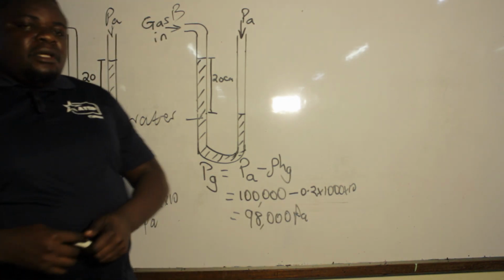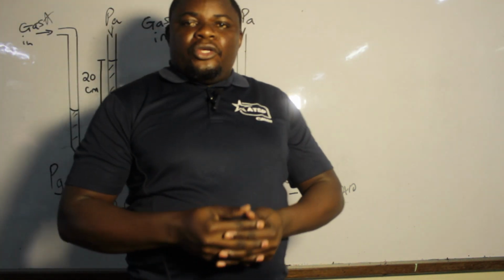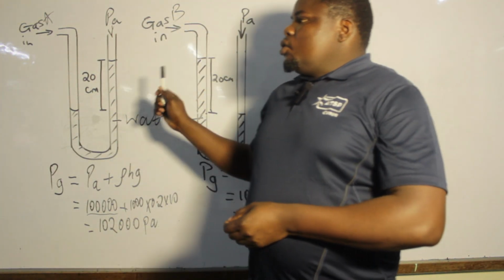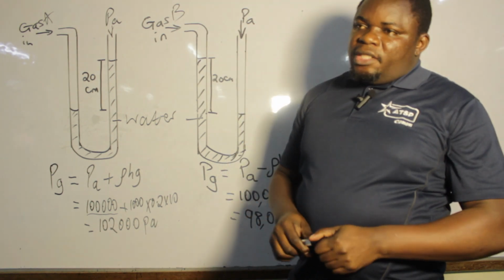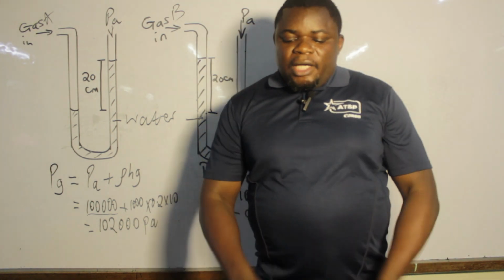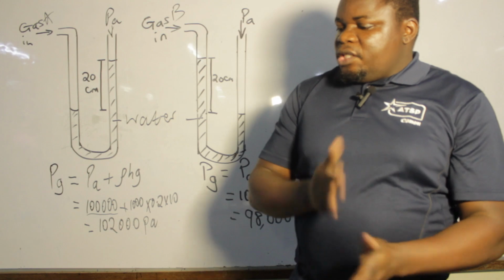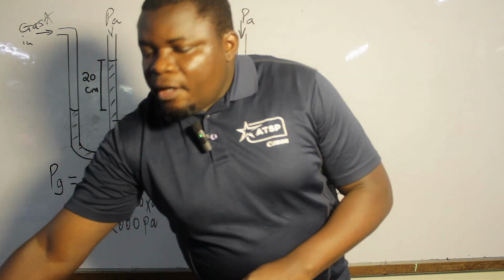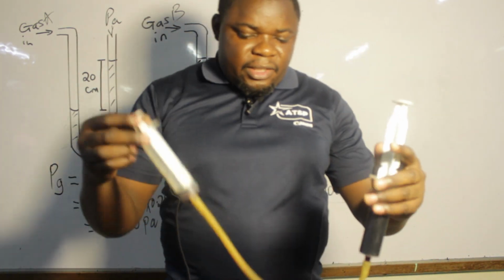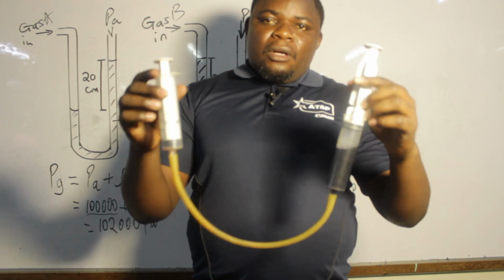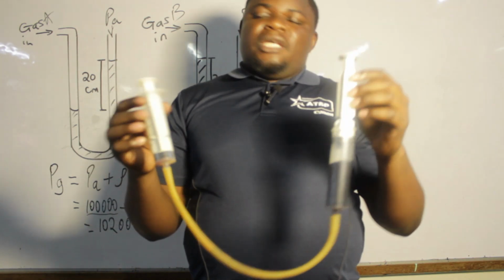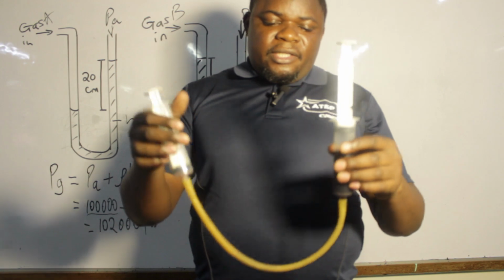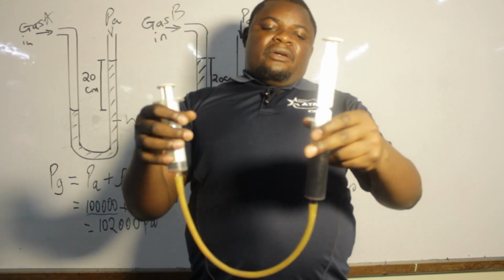So that's how we can use a U-tube manometer to determine the pressure of a gas when connected to it. Another application of transmission of pressure, especially in this case here, is the transmission of pressure in liquids, which can be used in a hydraulic system.